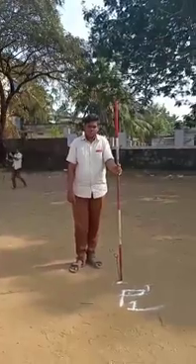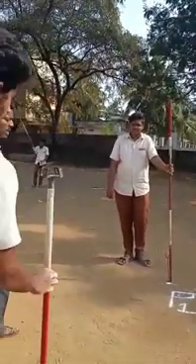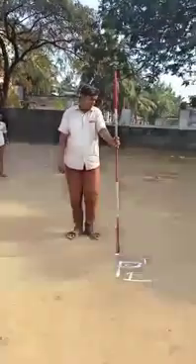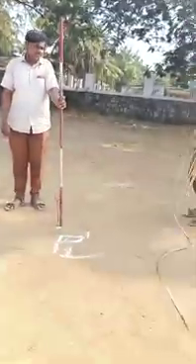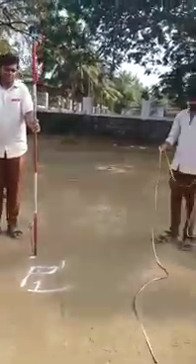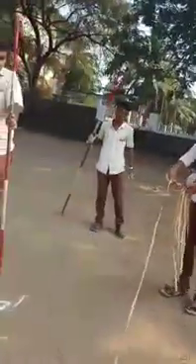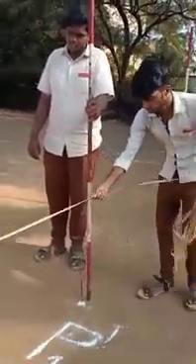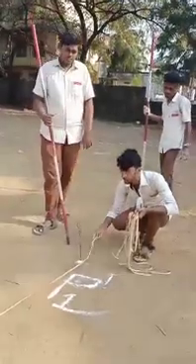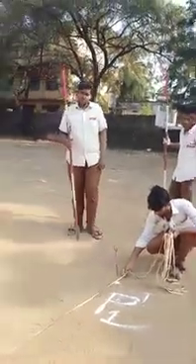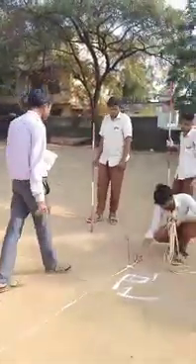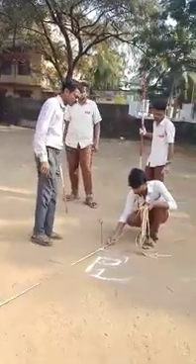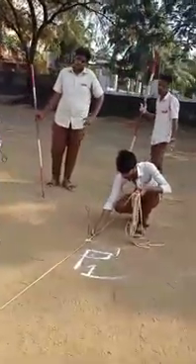After erecting the perpendicular, mark the offset distance from P1, that is 4.47 meters, from P1 to P1 dash.